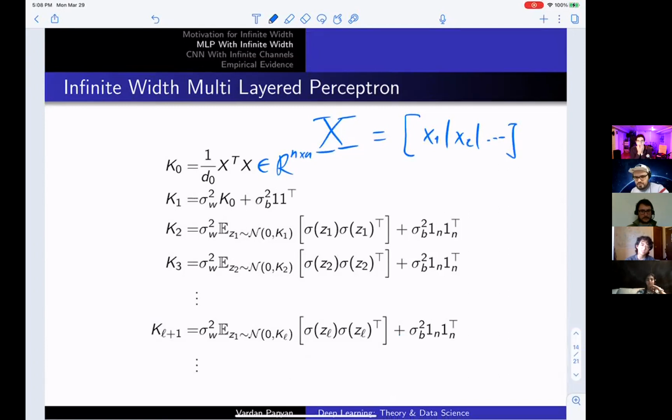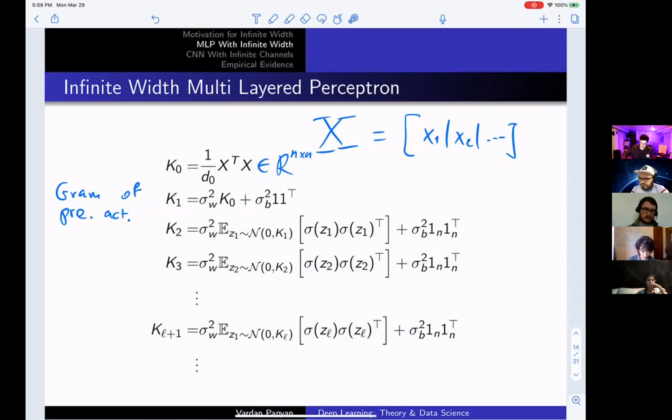They meet, calculate dot product, right? So K0 is a matrix of inner products of your training data points. And then we calculated K1. K1 was equal to K0 multiplied by a scalar plus a bias times 1 transpose. So this is the gram of the pre-activations.